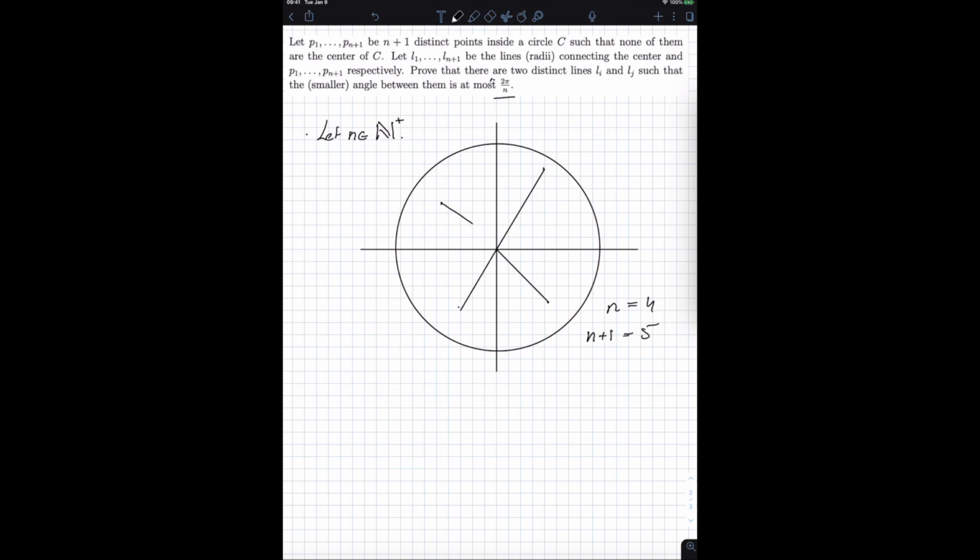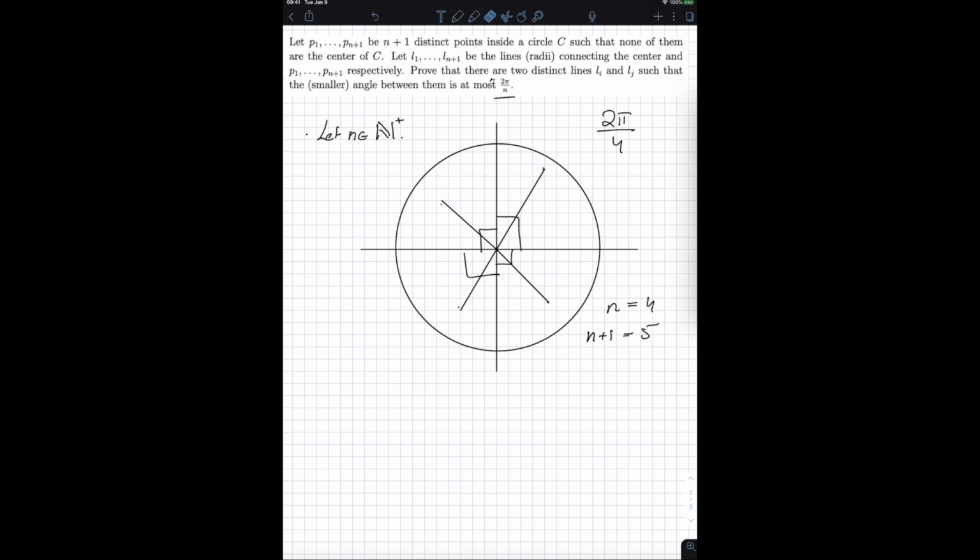Now, the important thing to notice over here is that the angle between the lines that I used to divide the circle into 4 equal parts is 2 pi over 4, because the entire angle of a circle is 2 pi, and then I've divided it into 4 parts. So this angle is 2 pi over 4, this angle is 2 pi over 4, and so on.